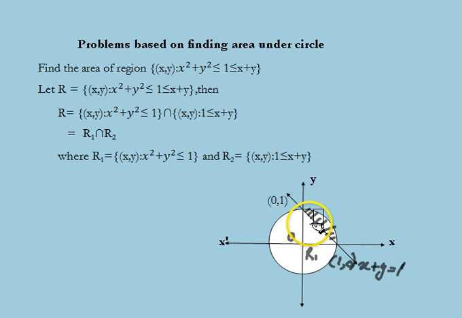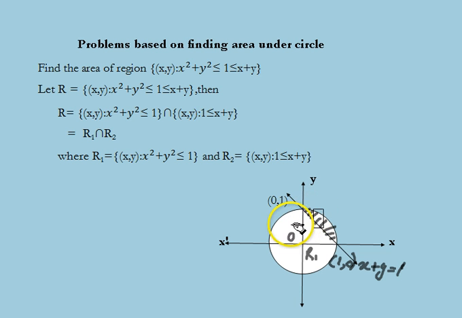Now if we slice the shaded region into vertical strips as shown, we observe that each parallel strip has its lower end touching the line x + y = 1 and the upper end touching the circle, which has its equation as x² + y² = 1.